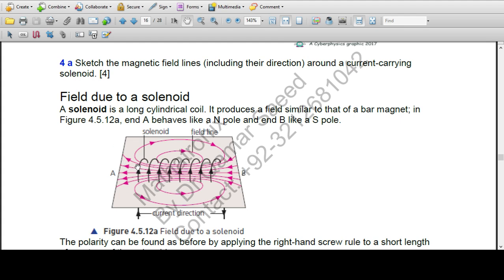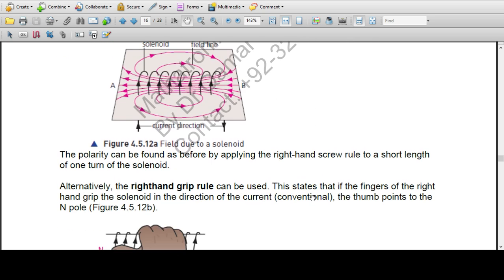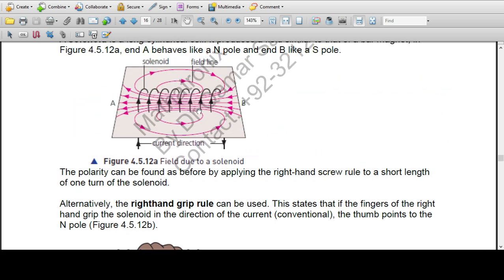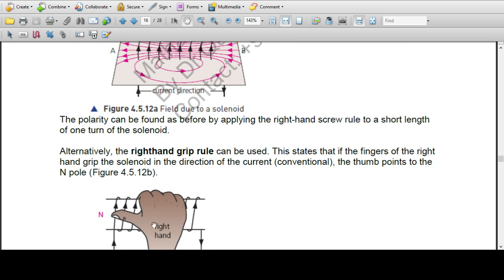The magnetic field lines will be here. North pole is here and south is here. Using a simple right hand grip rule, and this shows the current direction, this is the north direction.